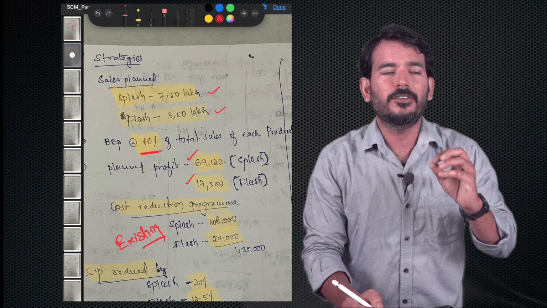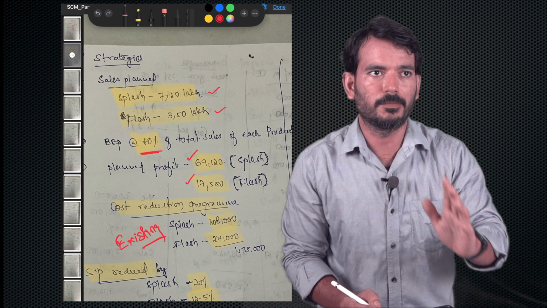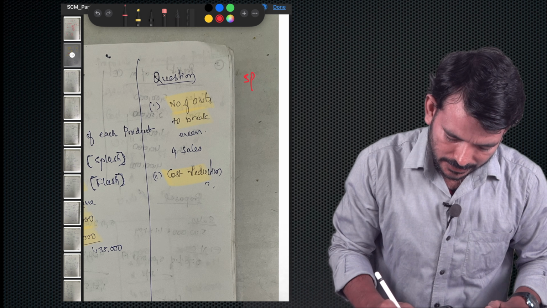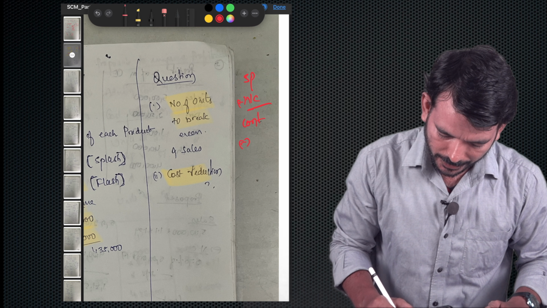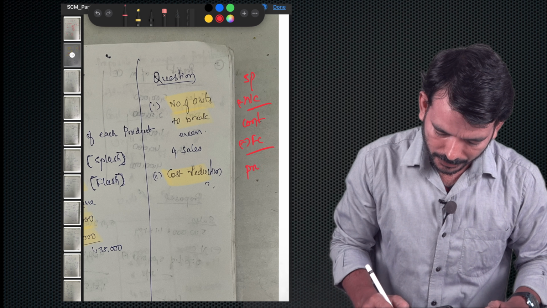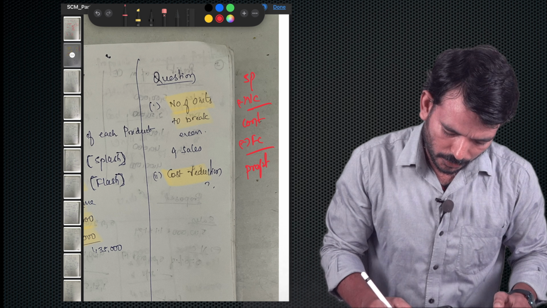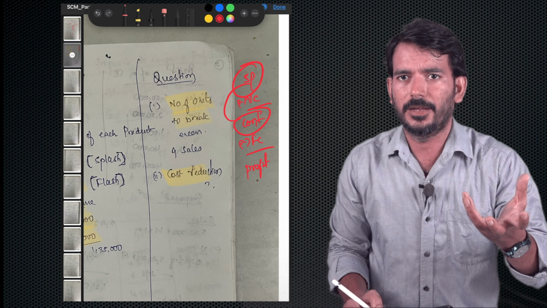Whenever you get any question relating to marginal costing, there are a few things you always have to remember. Any question that is given, you start with selling price, deduct variable cost, you get contribution, minus your fixed cost, you get profit. These are the major things that you need to remember. Contribution divided by selling price will give you the PV ratio.